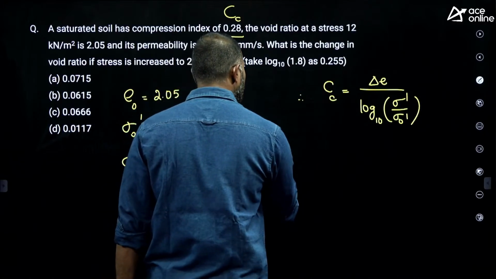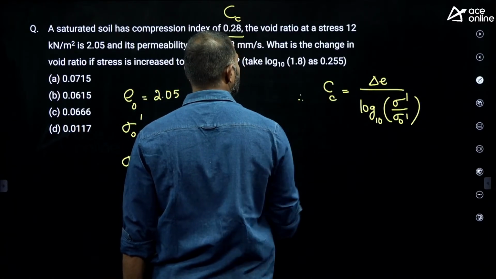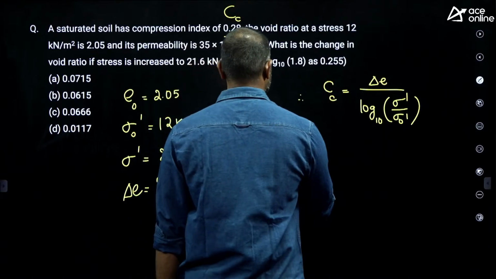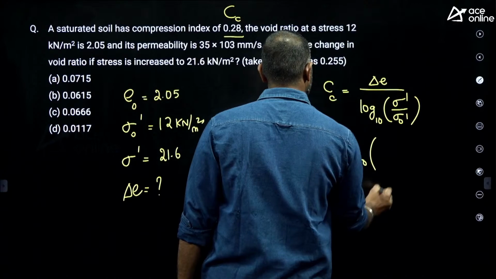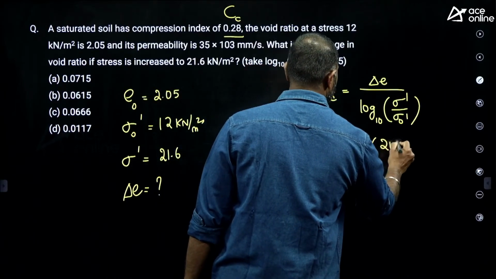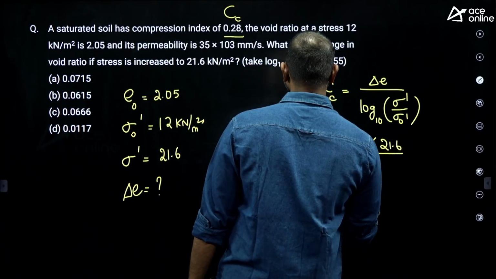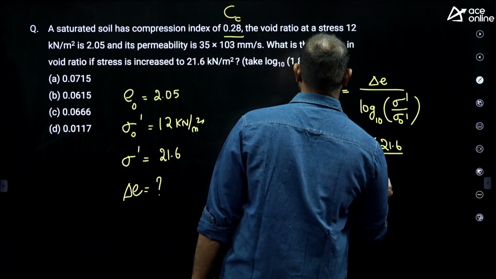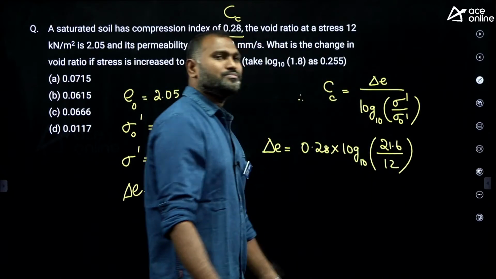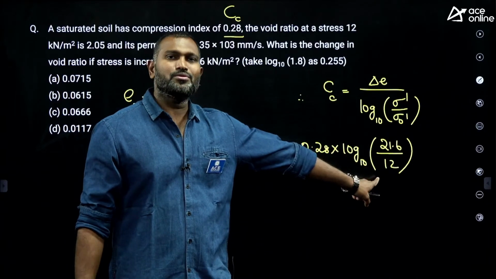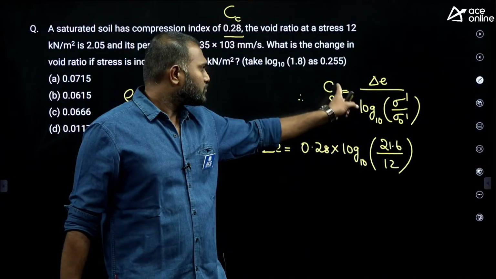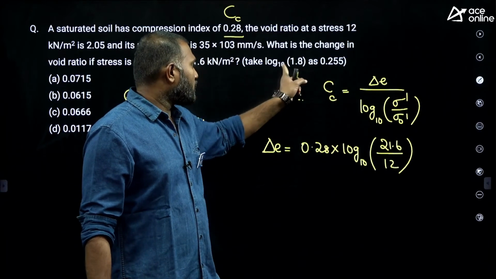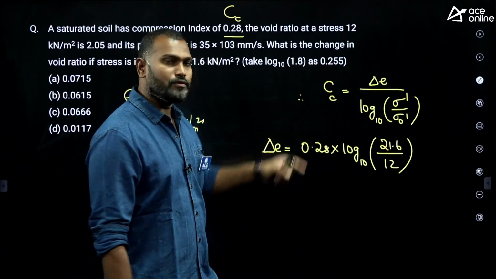So delta e is equal to the CC value, 0.28, into log base 10 of 21.6 by 12. Mind you, 12 times 2 is 24, and 21.6 is just less than that, so the ratio comes as 1.8. They have already given log 1.8 is 0.255.